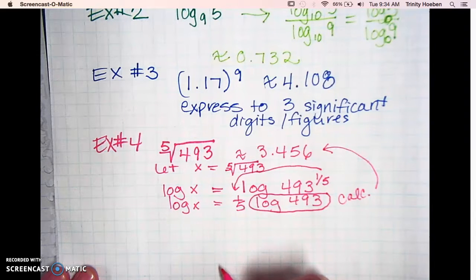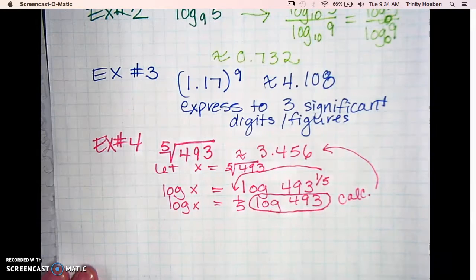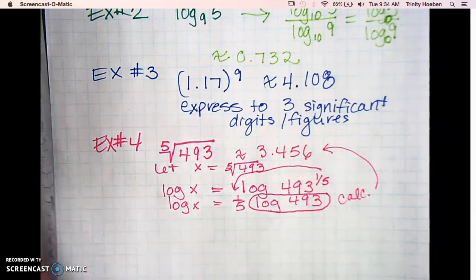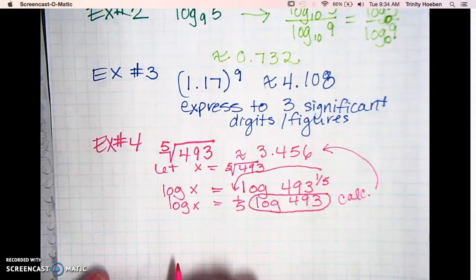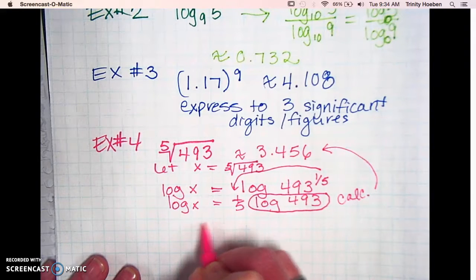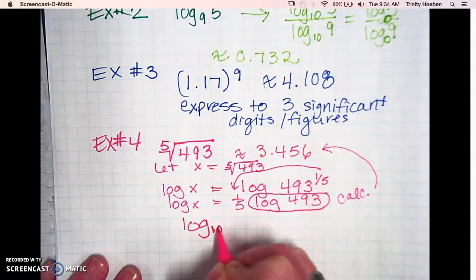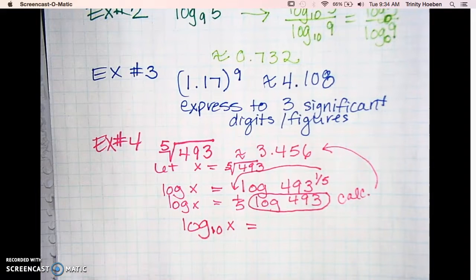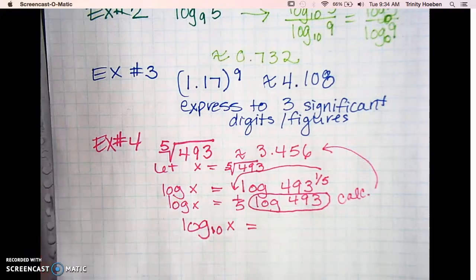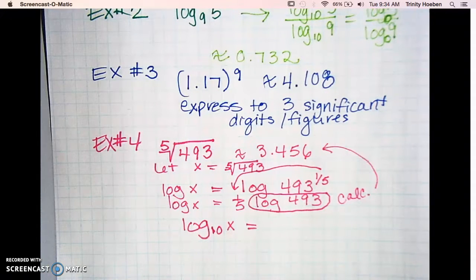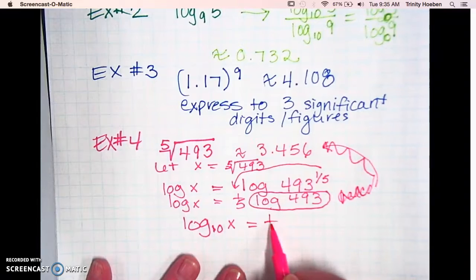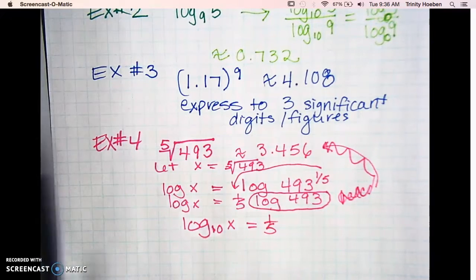We can take this log of 493 and substitute in that value. When we type it in, we're going to have log base 10 of x is 1/5, and we can type the log of 493.